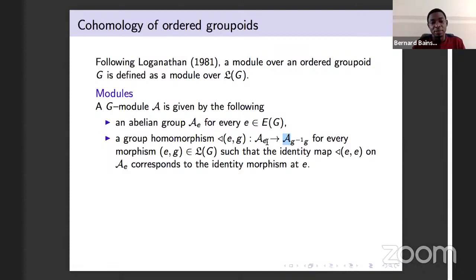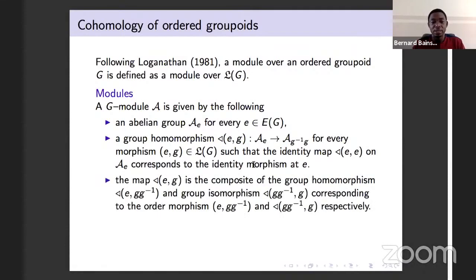So this map is actually a composite. We have one from A_E into A of the domain of g, and then composed with the map from the abelian group associated with the domain of g to the abelian group associated to the range of g. So a module over an ordered groupoid is essentially an ordered functor from our groupoid into the category of abelian groups.